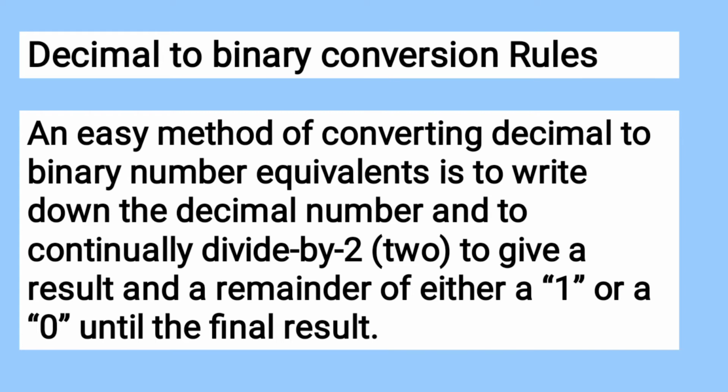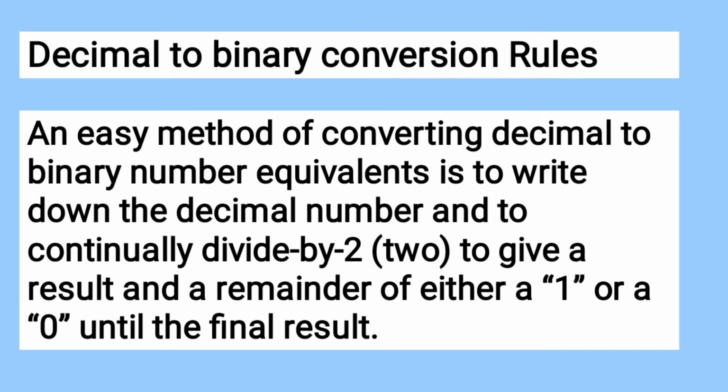What is the rule for converting the decimal number system to the binary number system? But before I explain the rule to you, you should know the base of every number system. There are four number systems all in all: decimal, binary, octal and hexadecimal. Here we are talking about decimal and binary.